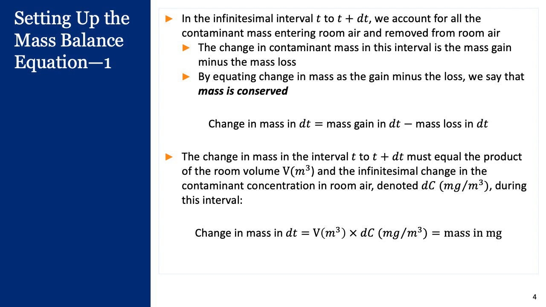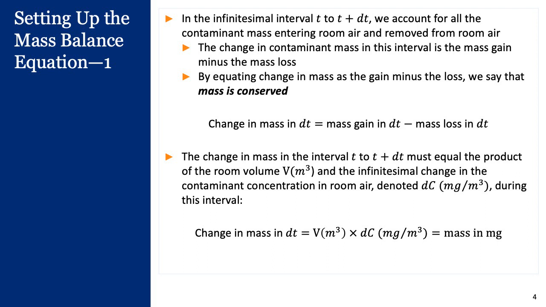So the change in the contaminant mass in this small interval is the mass gain minus the mass loss. By equating the change in mass as the gain minus the loss, we say that mass is conserved. Very simply put, the change in mass in a time interval dt is the mass gain in the time interval dt minus the mass loss in the same interval dt.